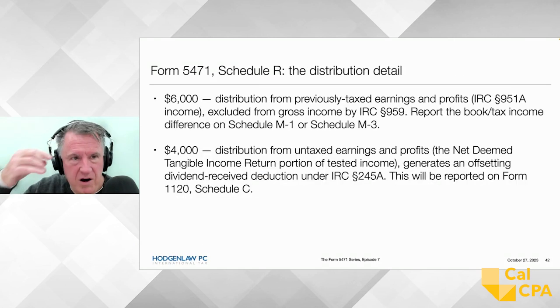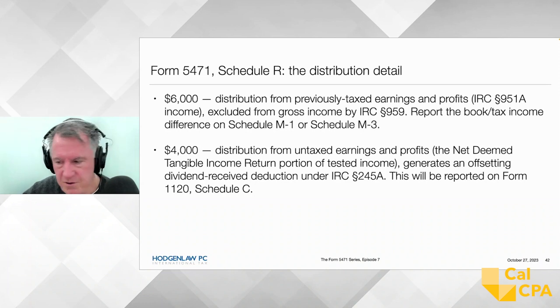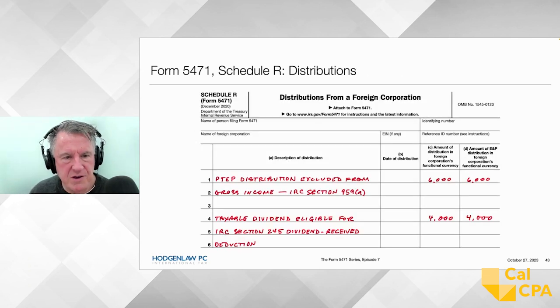So Schedule R is where finally the rubber meets the road. This is where Form 5471 says to the Internal Revenue Service, this is the distribution we made this year to shareholders. I am convinced that Schedule R is going to go through a bunch of iterations.